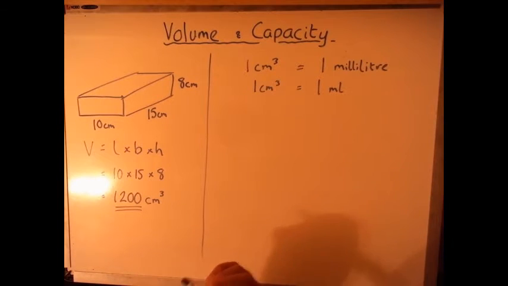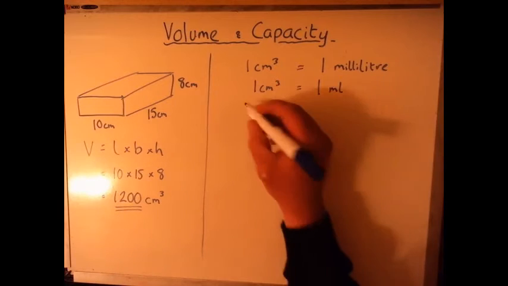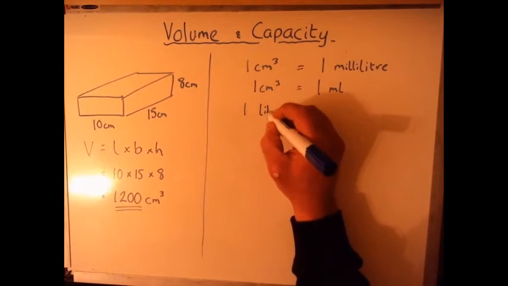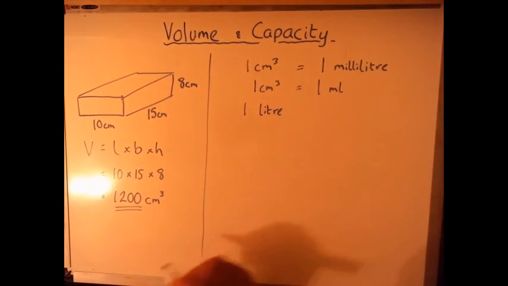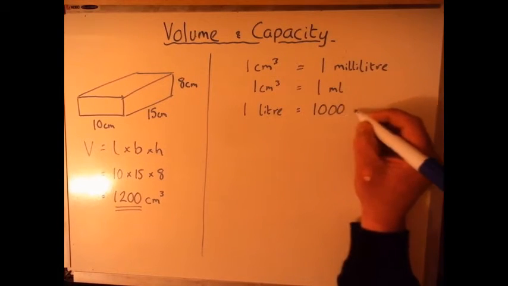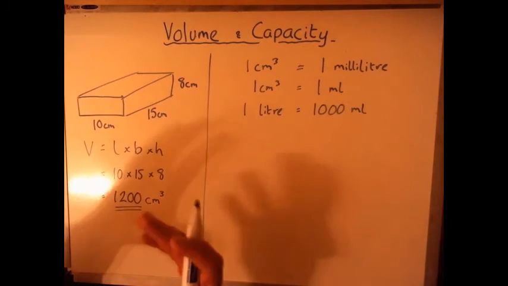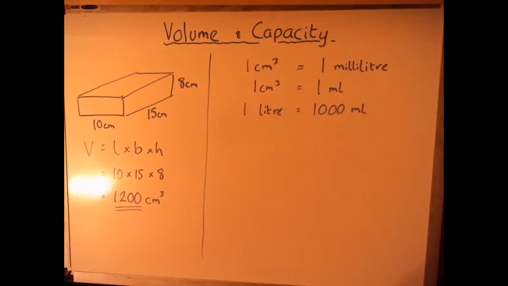The other conversion you need is to know that when we've got lots of millilitres, we can use litres. So 1 litre is equal to 1000 millilitres. So again, think of your 1 litre bottle, it holds 1000 millilitres.